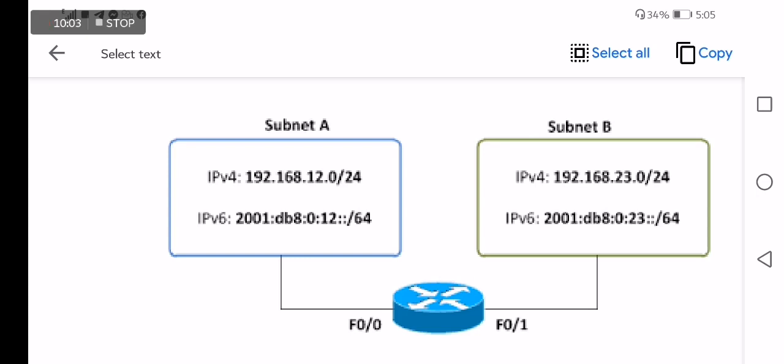It means the two v6 addresses here belong to the same site address, but they use two different subnets, 12 and 23.